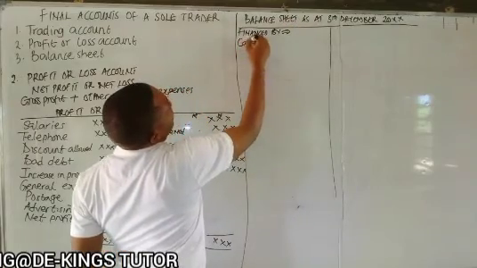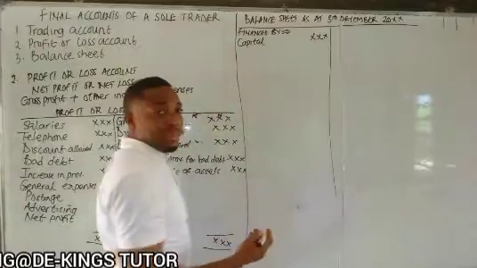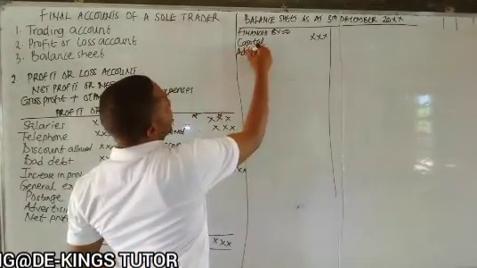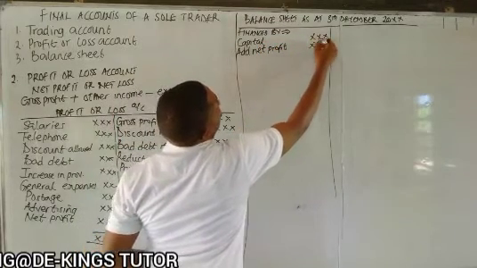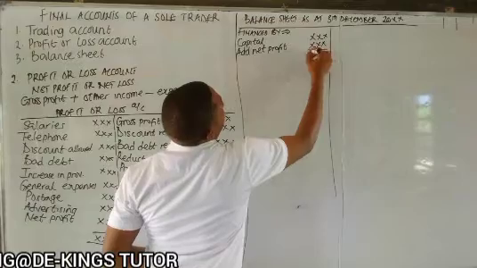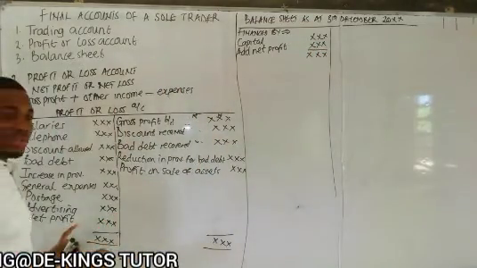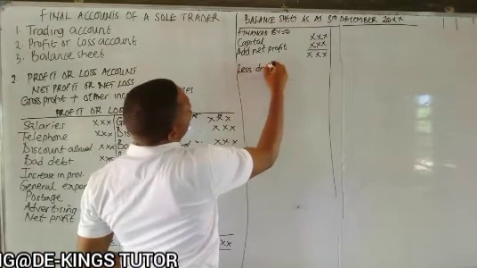I have capital here. Capital is the money for starting up the business. Another thing that will come here is add net profit, the net profit that was gotten from here, if there was. Then I will say less drawings.